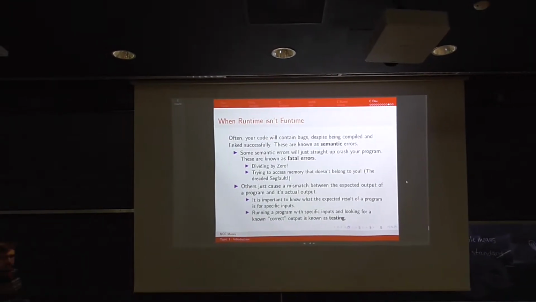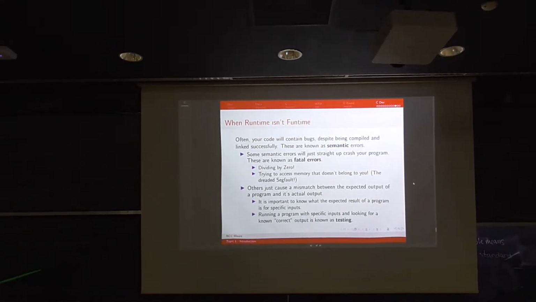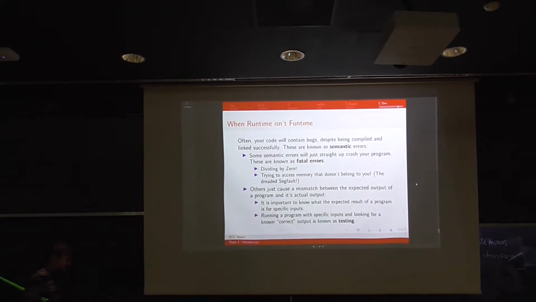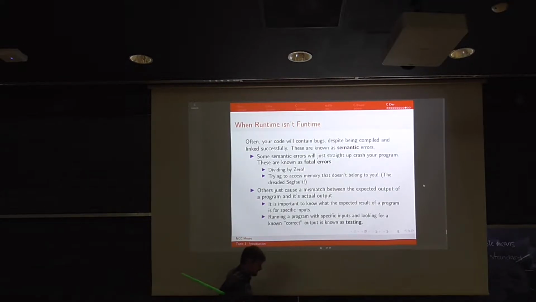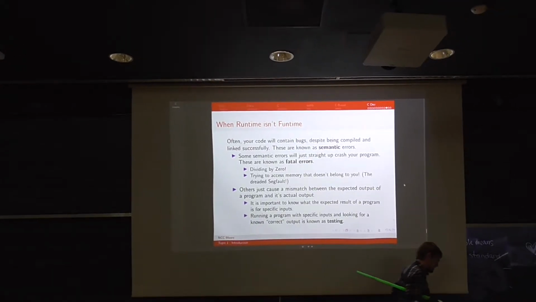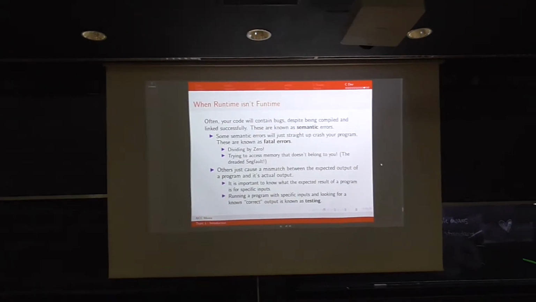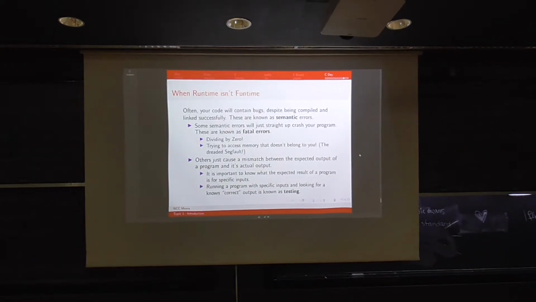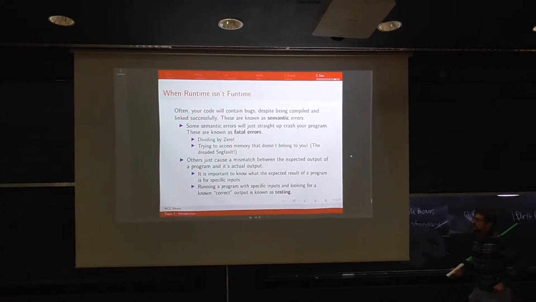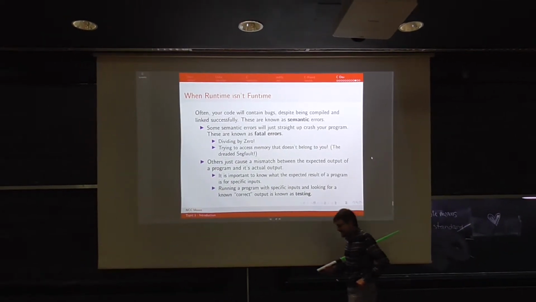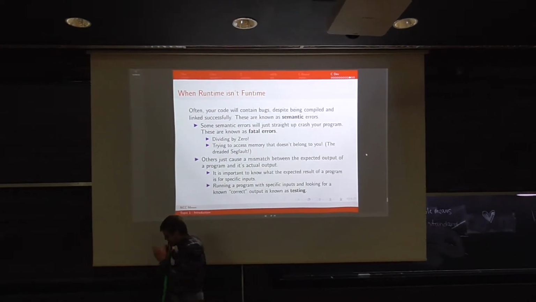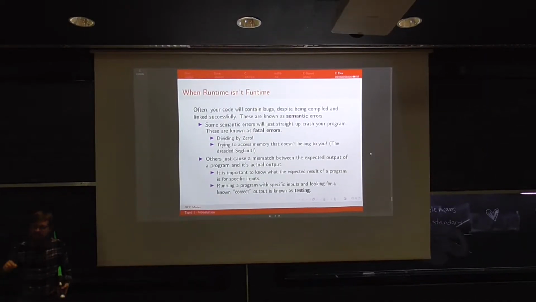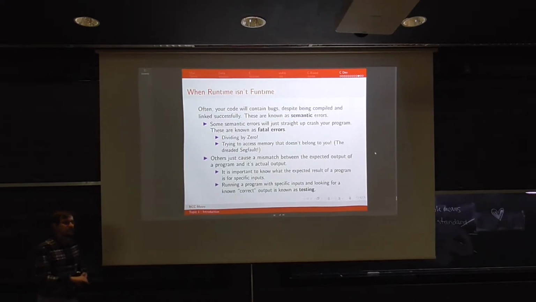Often your code will contain bugs despite being compiled and linked successfully. In fact, the majority, I would say, of the bugs that you deal with on a daily basis will likely be of this category. Semantic errors rather than syntax errors. You have misplaced some concept rather than having misplaced a semicolon, right?